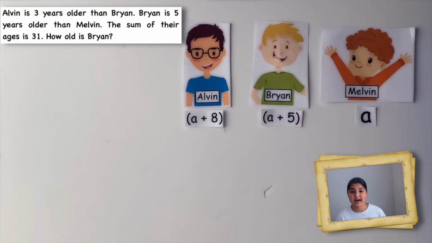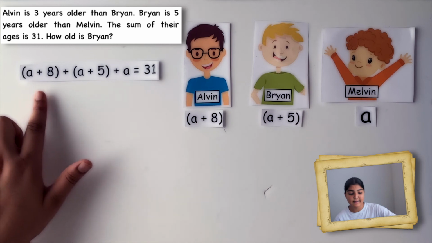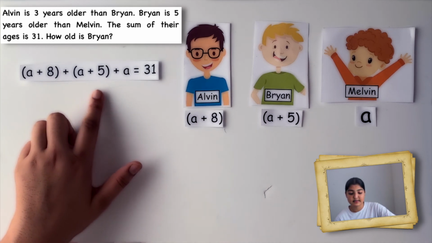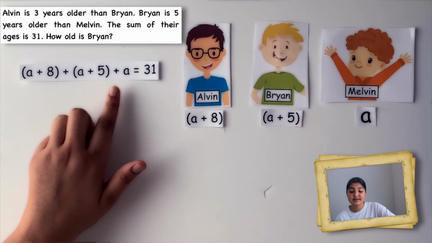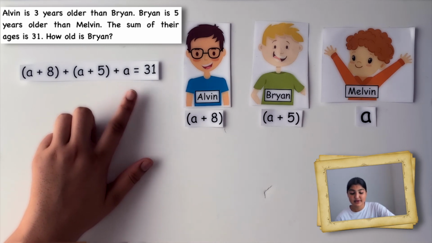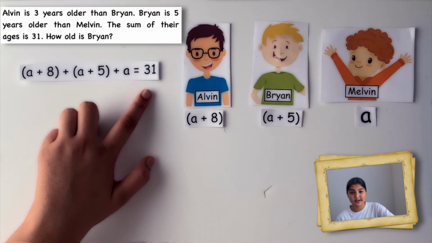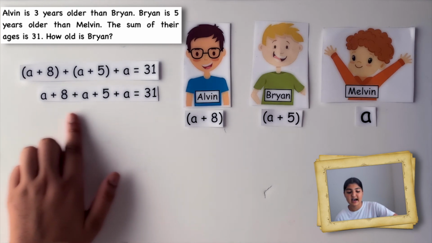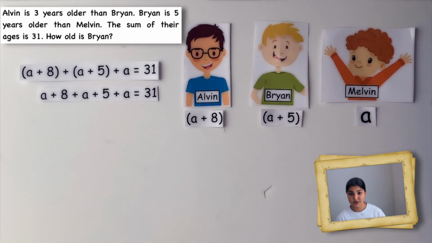So let's do that. This gives us A plus 8 plus A plus 5 plus A, which is equal to 31. Now, let's take out the parentheses. Next, let's combine like terms on the left side of the equal sign.